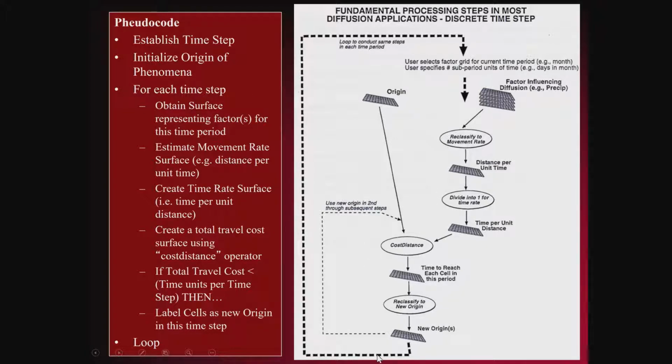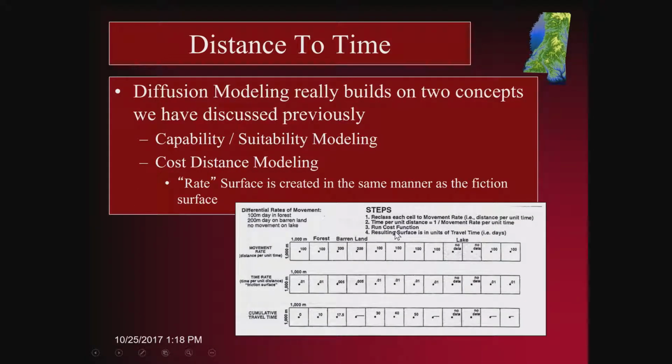This part of the model right there is cost distance. Once we do the cost distance function, what's the result? This map right here. It's now in whatever time units we've been using.